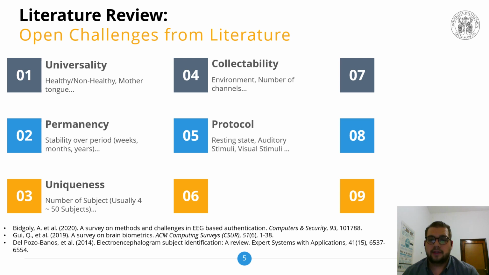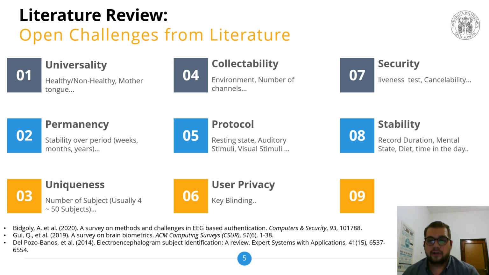Also, the collectability, the protocol of recording the EEG data, and respect for user privacy. Additionally, the security of the system must be considered, as well as stability, and it should be user-friendly. Under each of those nine categories, there are a lot of questions and gaps that need to be explored and addressed.